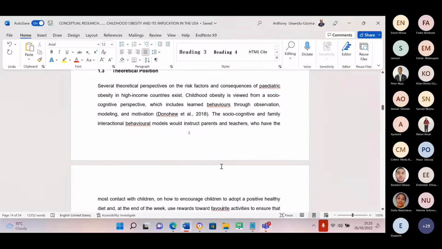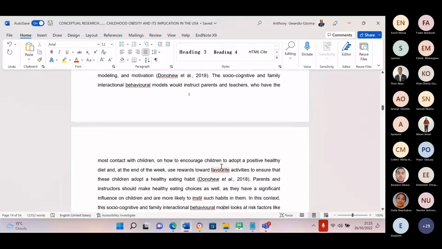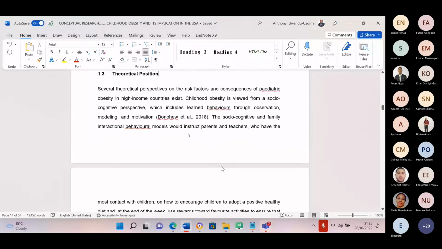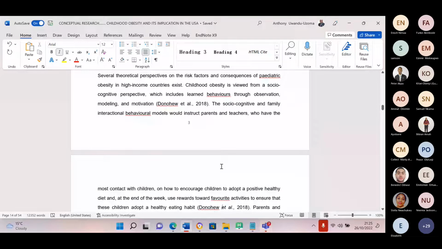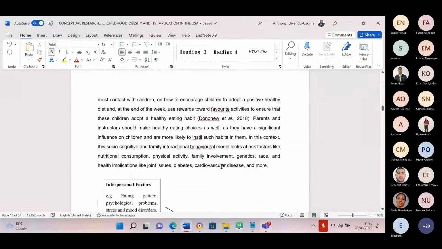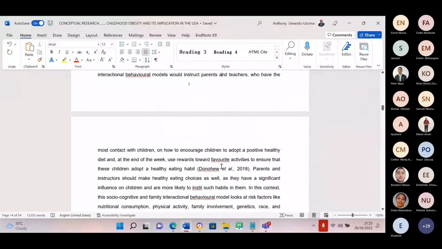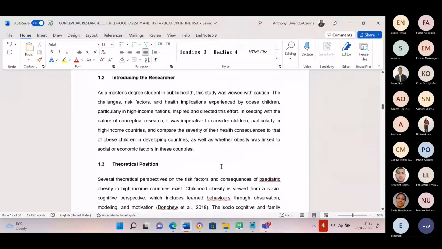So now, if you look at this childhood obesity paper here, I'm trying to get the author's stance. Okay, I'm not seeing it here. Producing the researcher's theoretical position, let me see. Okay, this is theory.